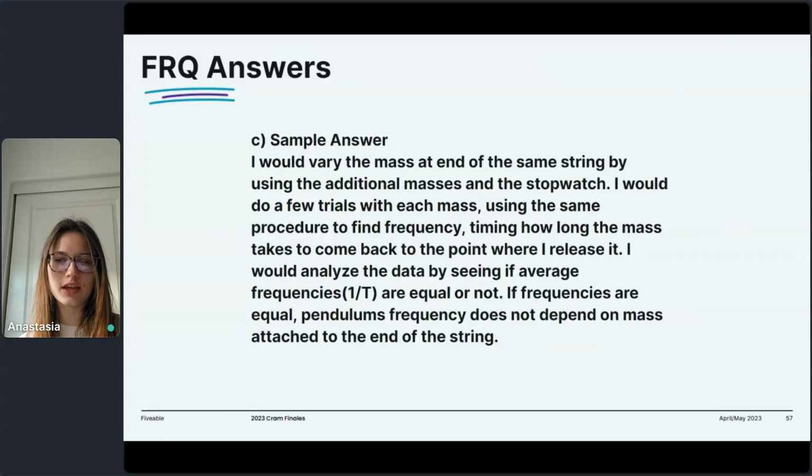No, but it does lengthen the pendulum. So since the length does affect it, the length will get longer with additional masses. That's why we would use additional masses to lengthen the pendulum.